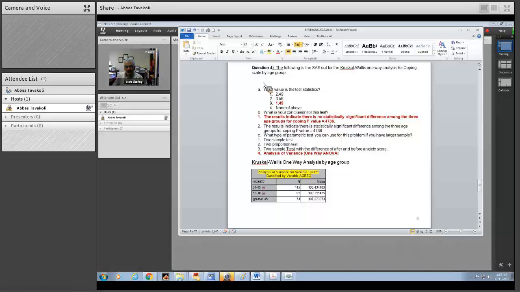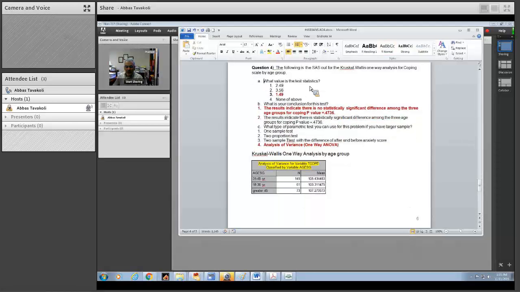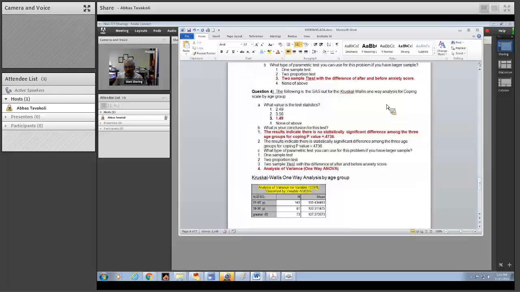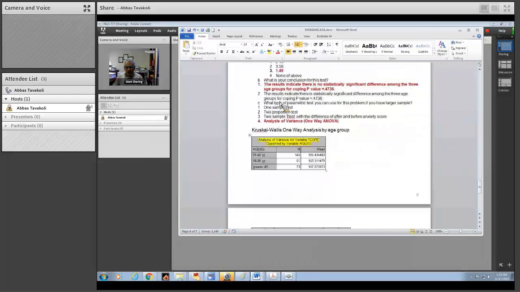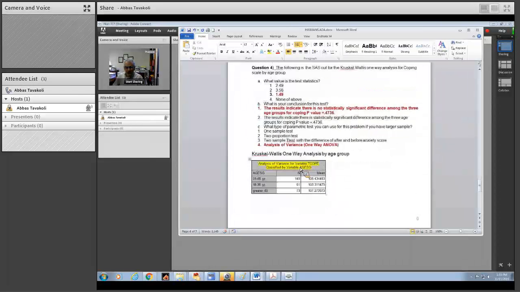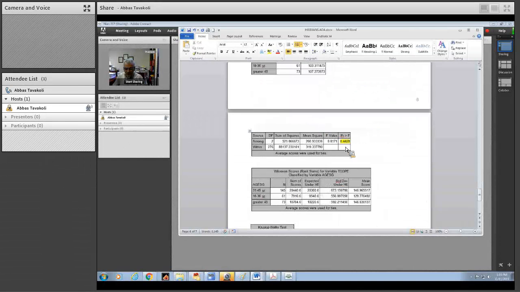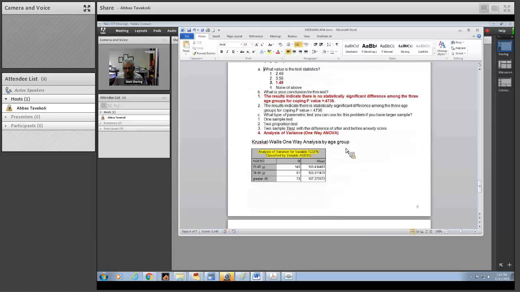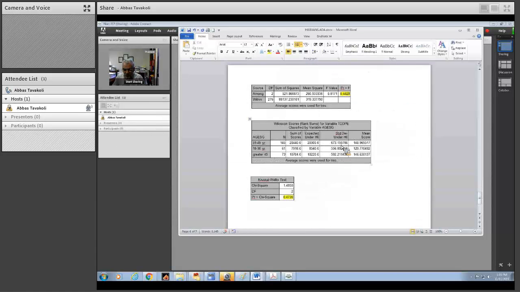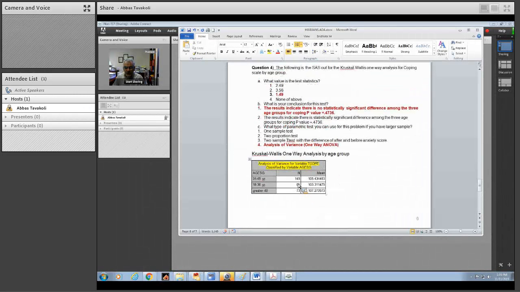Question 4 is basically asking you to look at the output for the one-way analysis for coping by age group. You have 3 age groups here. I asked, what is the test statistic value? The value you find is here, the Kruskal-Wallis test statistic 1.49.